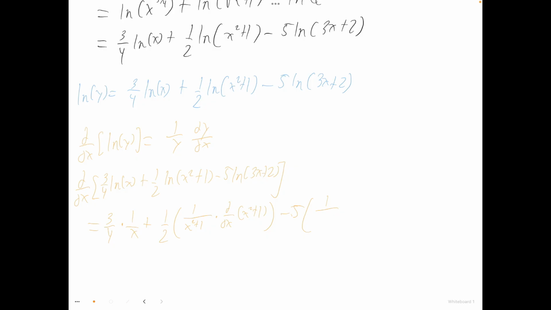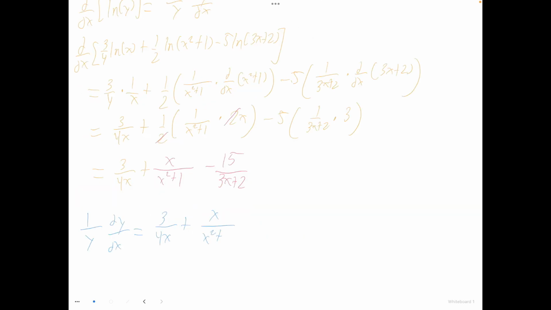And so now we set the two sides equal, so we get 1 over y, dy over dx, equals 3 over 4x plus x over x squared plus 1 minus 15 over 3x plus 2.